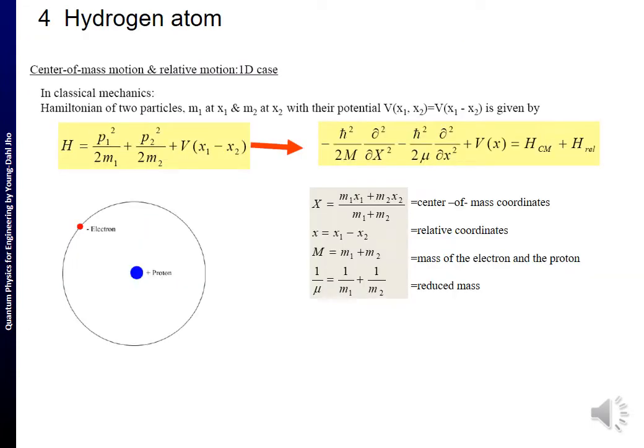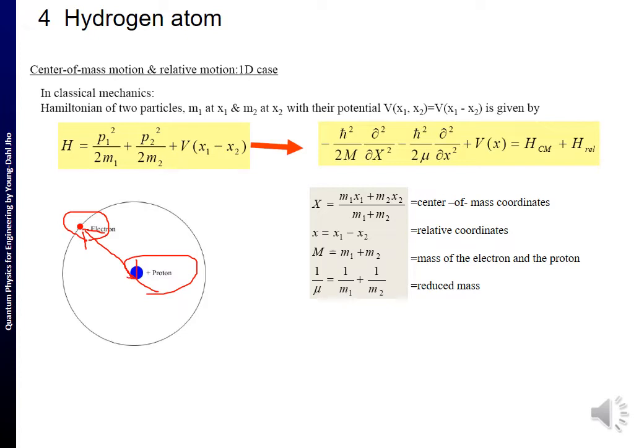The hydrogen atom problem we'll discuss. Hydrogen is the lightest atom. But still, now we need to consider at least two particles. One is the proton, which is supposed to be very heavy, so it doesn't move. The other is the electron. They are under Coulomb attraction.